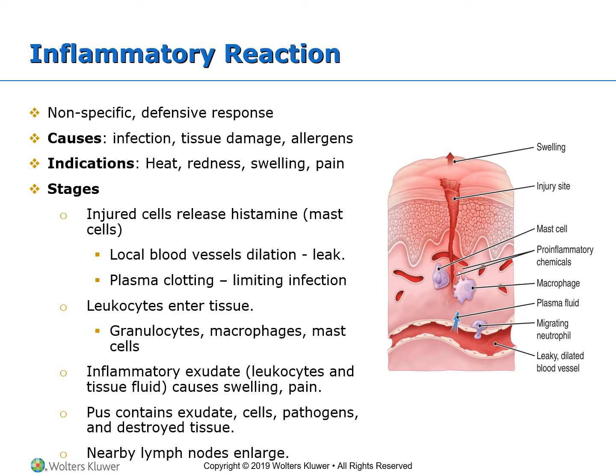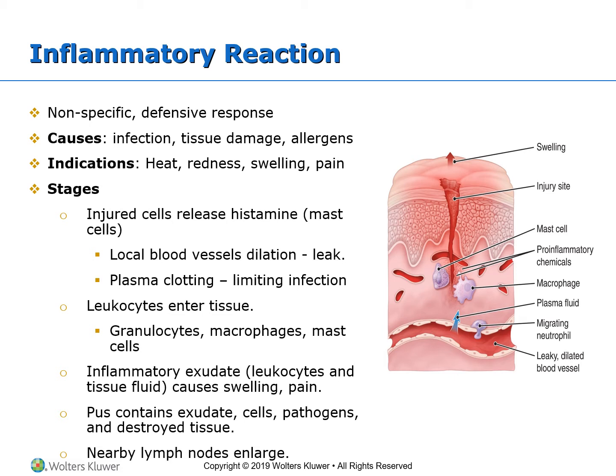So those cells, the neutrophils and the phagocytes, the macrophage, will work together in terms of removing and cleaning out the tissues from the pathogens and any other cells of the host that were damaged in the process.